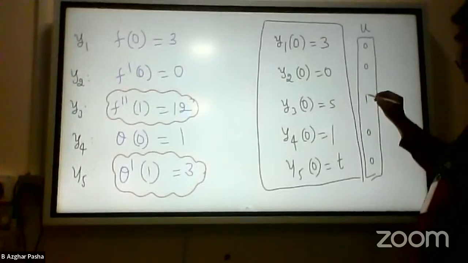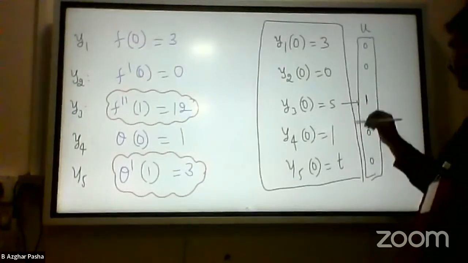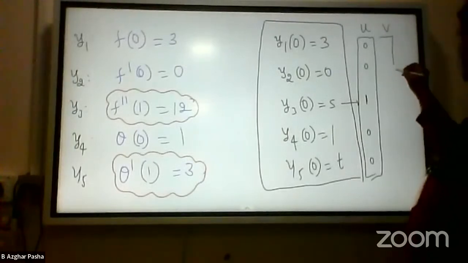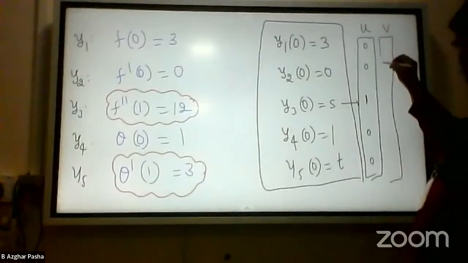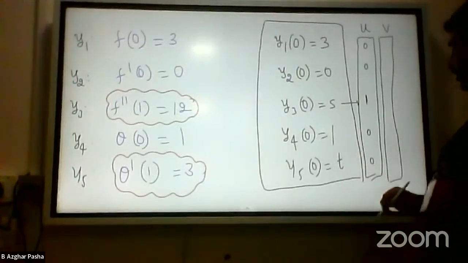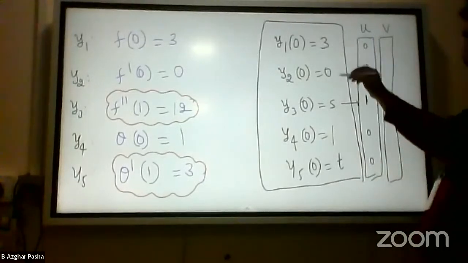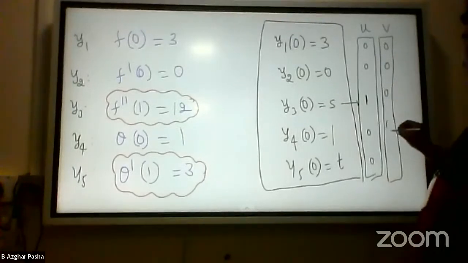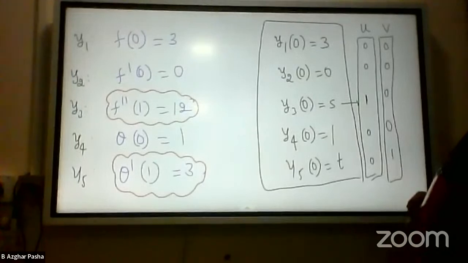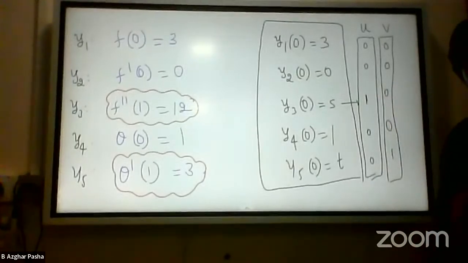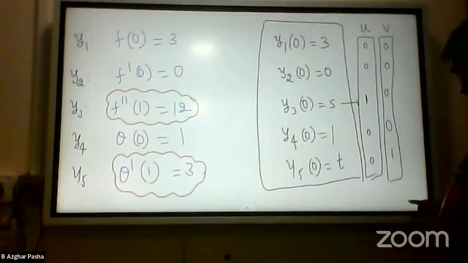Similarly for t, everything becomes 0 because we are differentiating with respect to t and the derivative of t is 1. So these two sets have these boundary conditions.